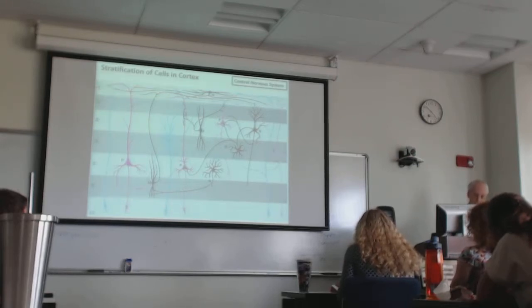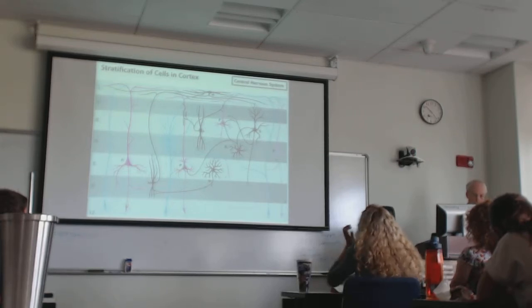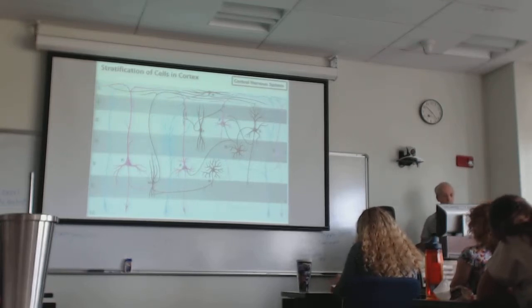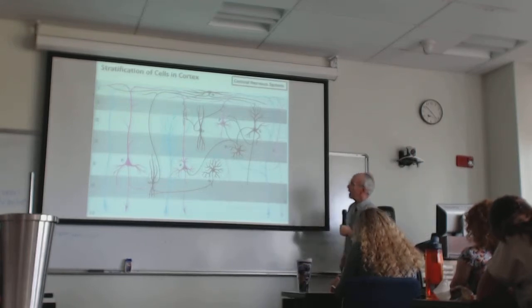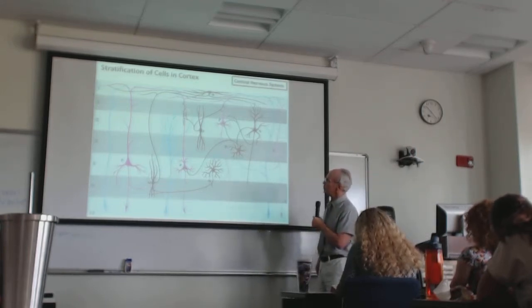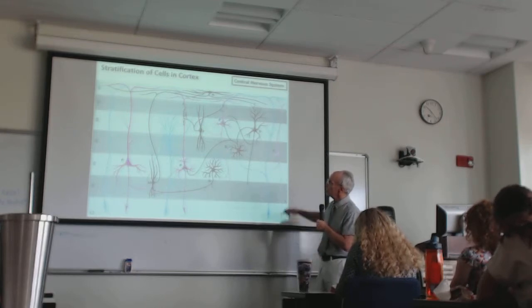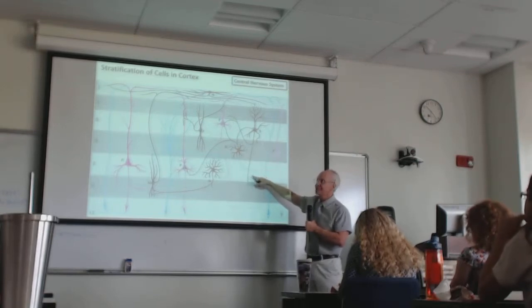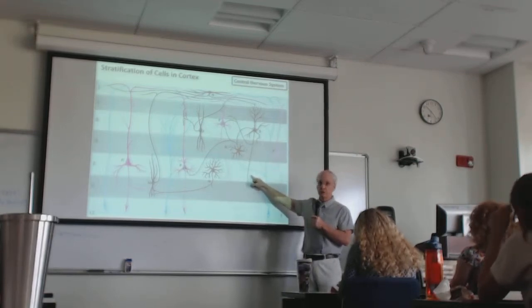In layer 2, there are relatively few cells, but a lot of ascending and descending processes, mostly ascending and descending fibers. This will vary from one region of the cortex to another, but one of the general patterns is that as we go from layer 1 to layer 5, the size of the neurons tends to increase.